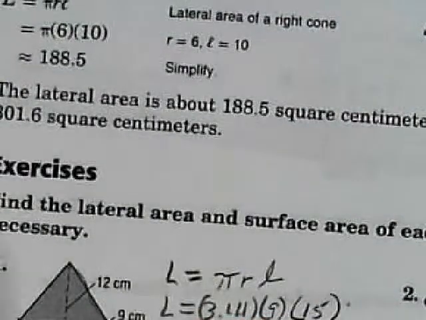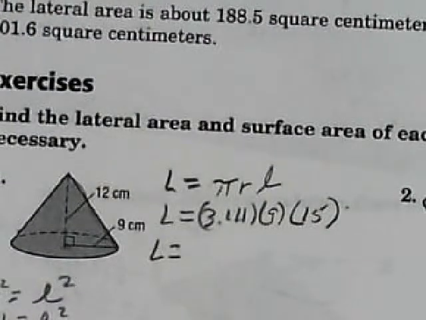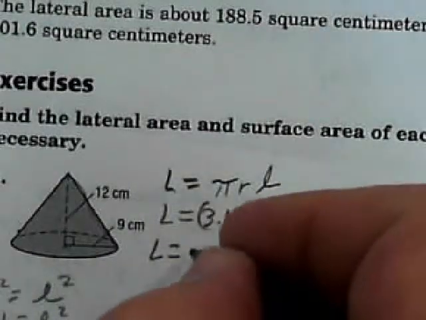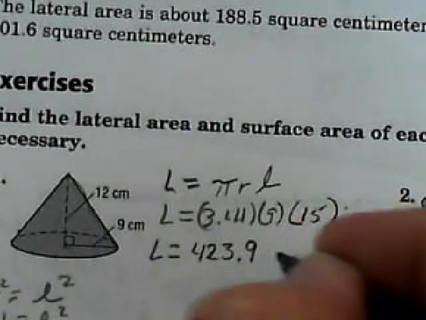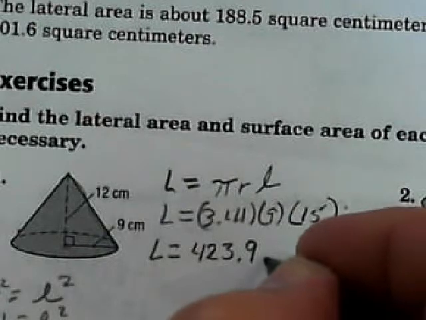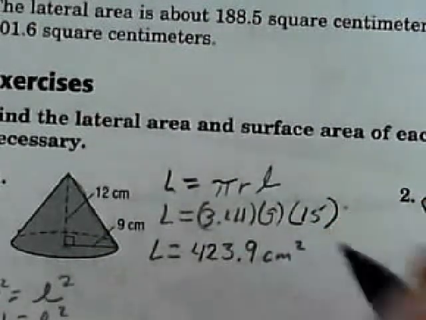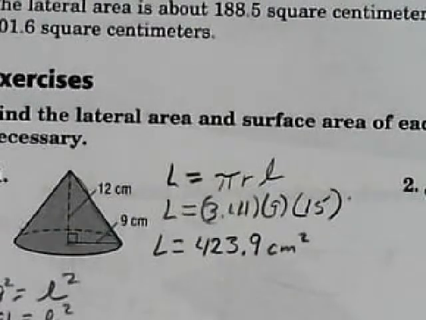So the lateral surface area, if I take 9 times 15 times 3.14, is 423.9. It depends on whether you use 3.14 or your pi button.